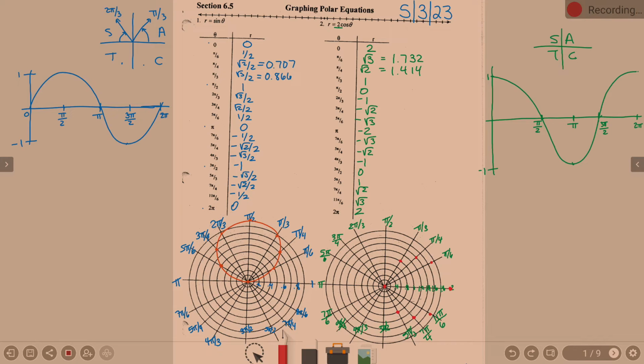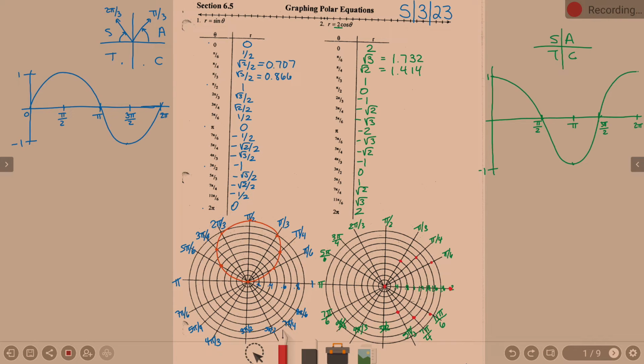4 pi over 3. Nope, I just skipped. Where am I supposed to be? Pi and negative 2, yes? Here's pi. Where's negative 2? It overlaps a dot we already have, yes? Okay. 7 pi over 6, negative 1.7. Already have it. 5 pi over 4, negative 1.4.